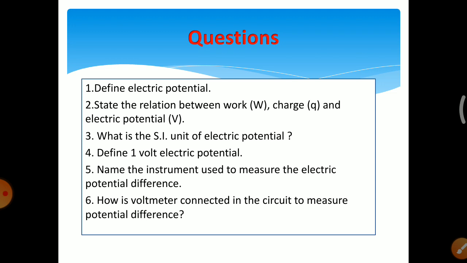The fourth question, define 1 volt of electric potential. The fifth question, name the instrument used to measure the electric potential difference. The sixth question, how is a voltmeter connected in the circuit to measure potential difference?